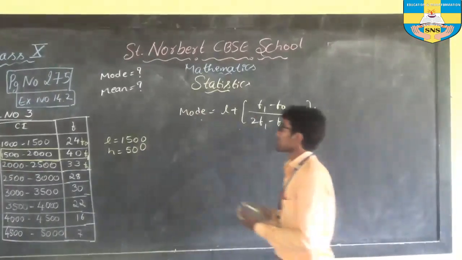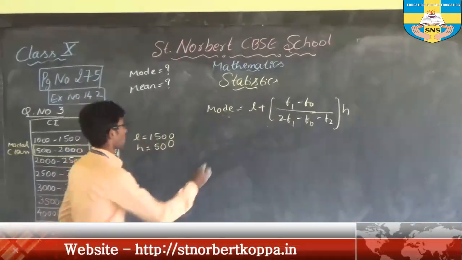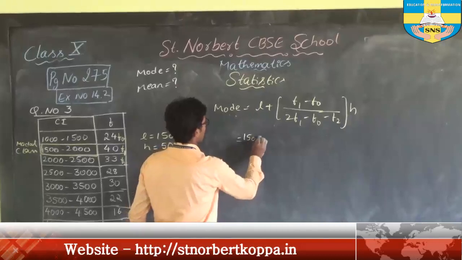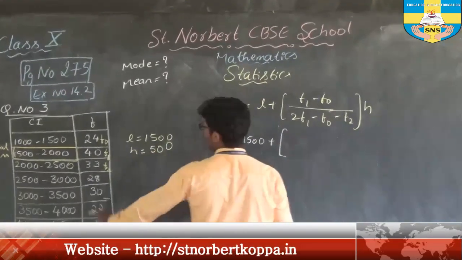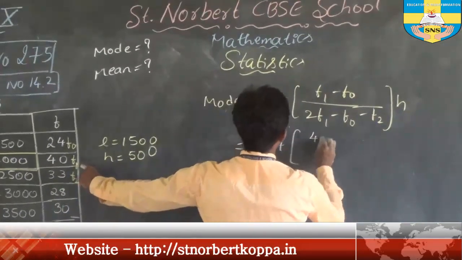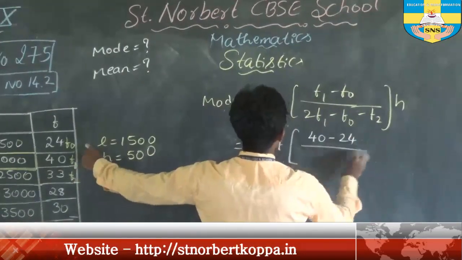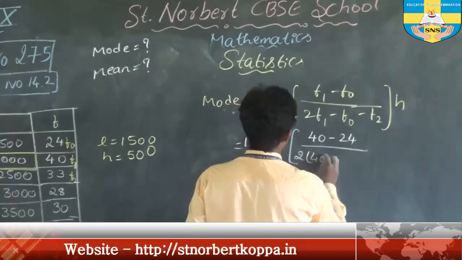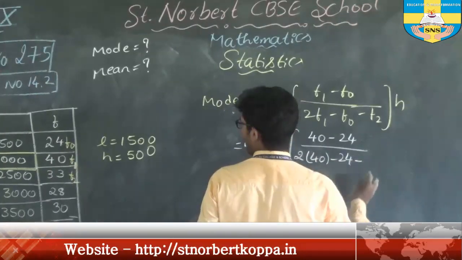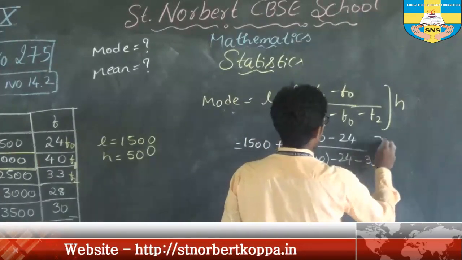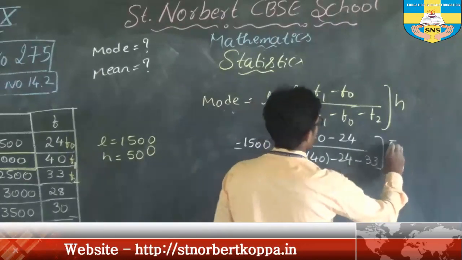Okay. Now what is L? L in this problem is 1500 plus F1. F1 is 40 minus 24 divided by 2 into 40 minus 24 minus 33, into H, which is 500.